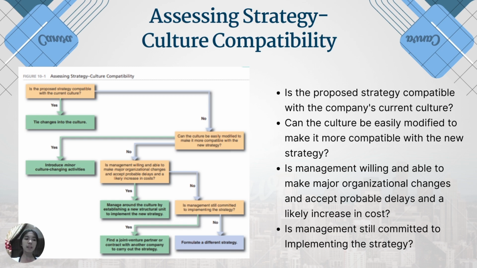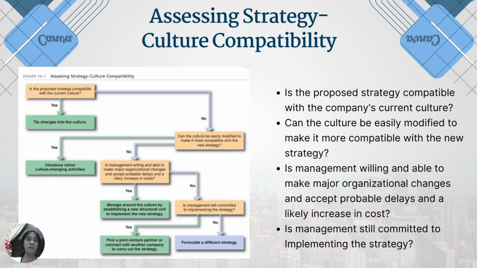In implementing new strategy, these are the questions to be answered if this strategy is compatible with the company's culture. First question: is the proposed strategy compatible with the company's current culture?